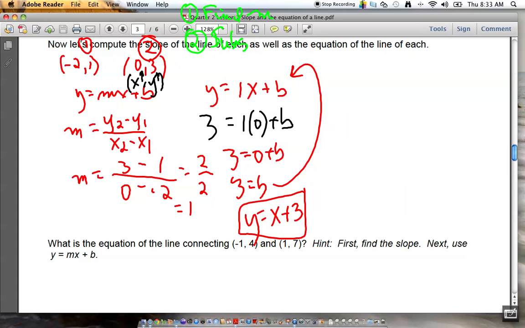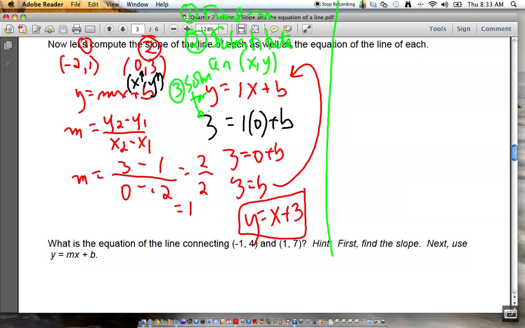I was going to write plug in, but just write substitute. X, Y. And the third thing is solve for B. Right? And that's the process. You do that, and you'll get the answer every single time.